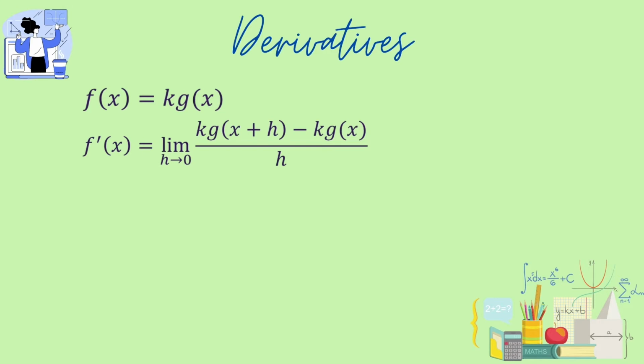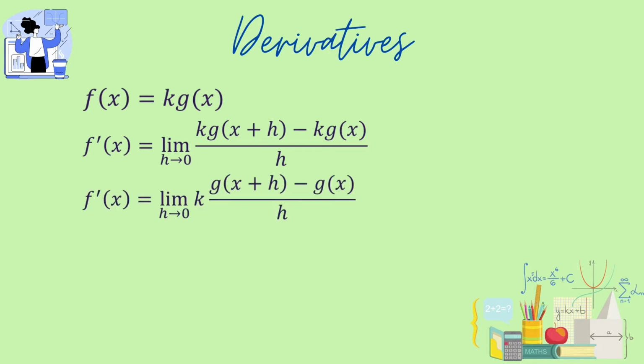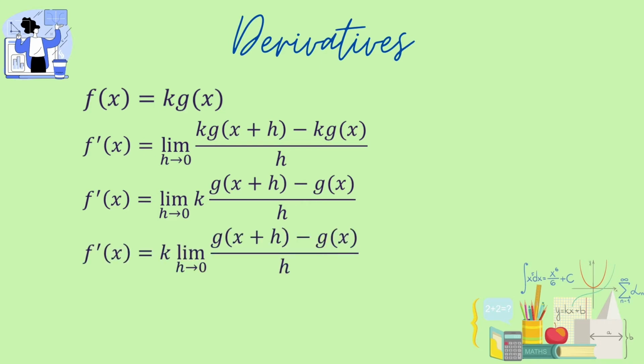We can factor out k, and from the limit laws, f prime of x is equal to k times the limit as h approaches 0 of quantity g of x plus h minus g of x all over h.